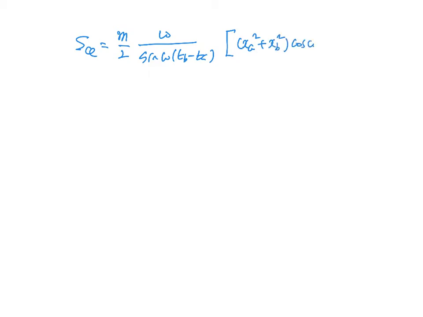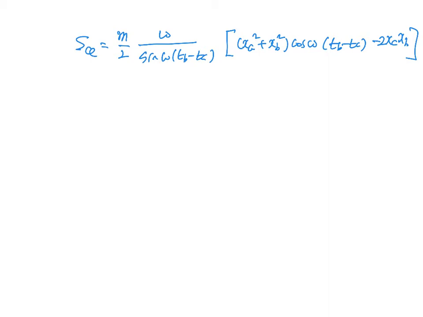The semi-classical correction is 2m over 2 times omega, sine omega (tb minus ta), times [xa square plus xb square] cosine omega (tb minus ta) minus 2 xa xb.